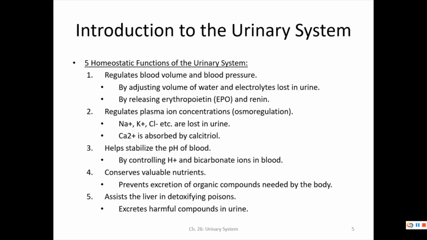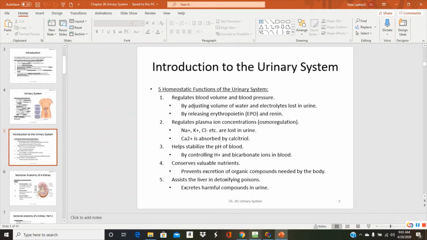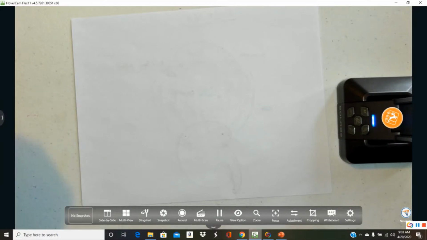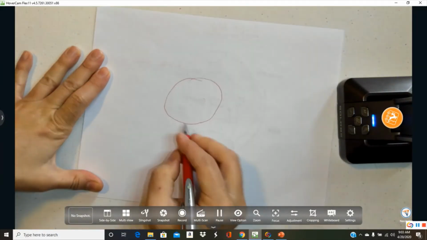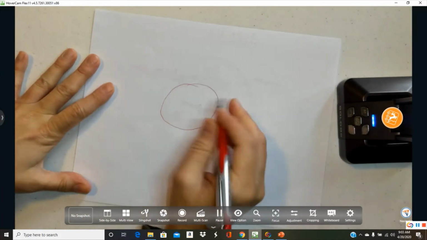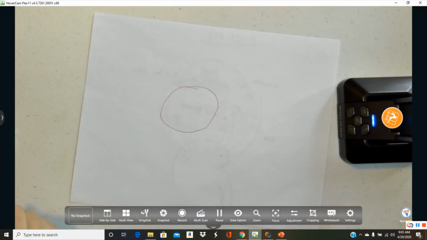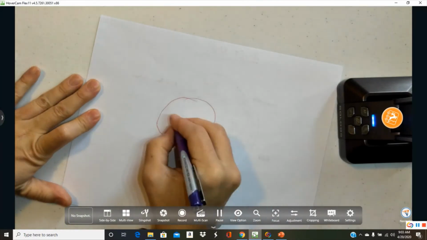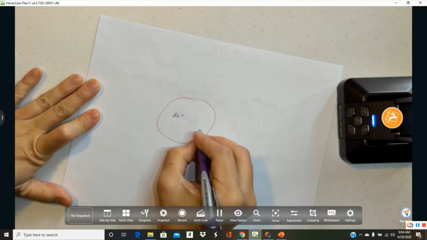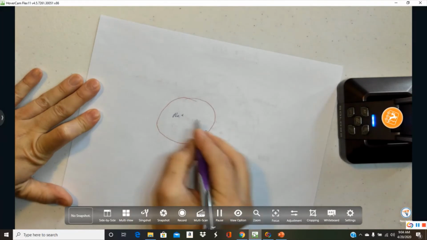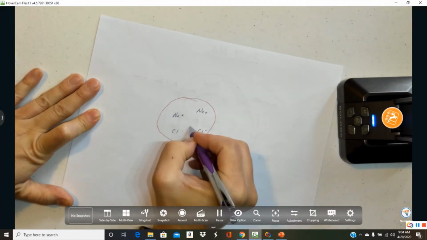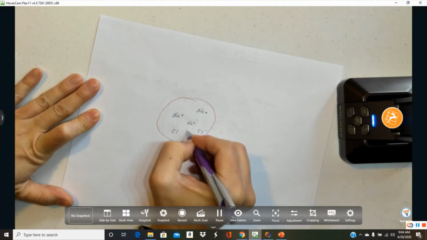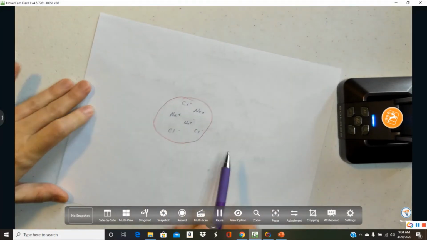Well, let me show you what's going on here. This is a basic principle behind why, if you have high blood pressure, you go on a low sodium diet. If this was your blood vessel, if this was the bloodstream, and inside this bloodstream we had sodium cations and chloride anions from salt that we ate. Okay.